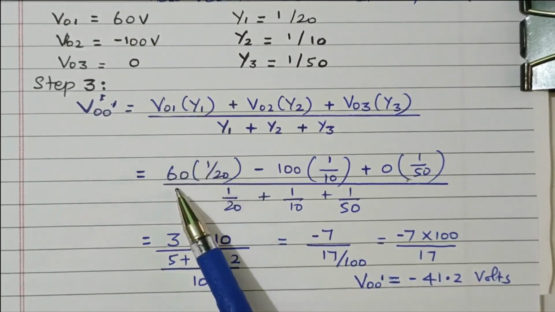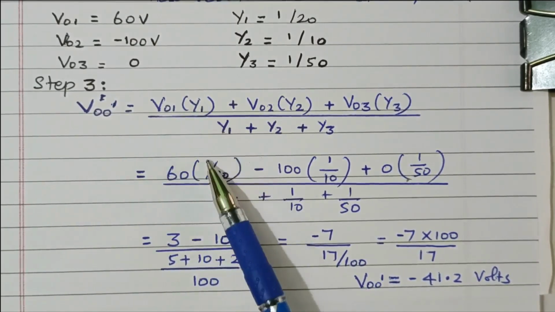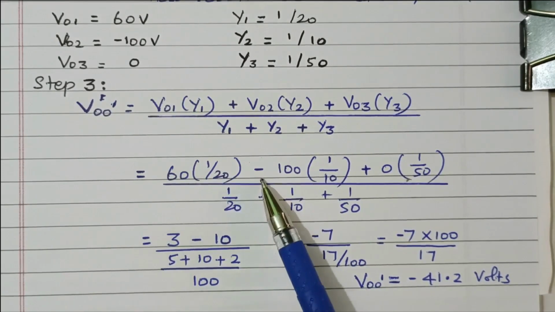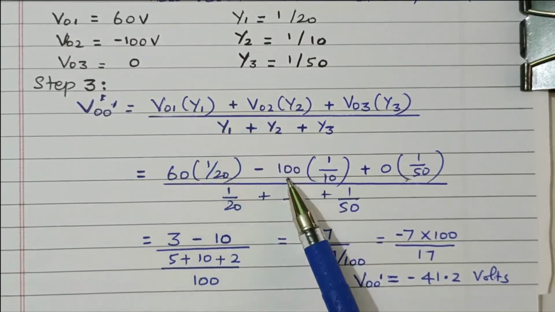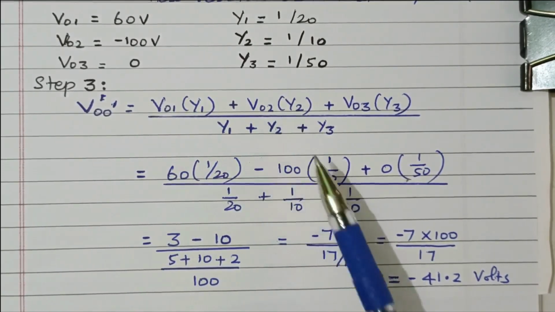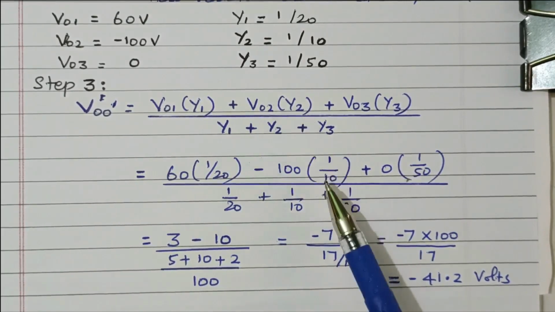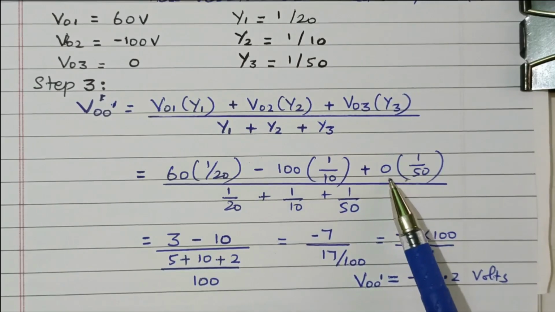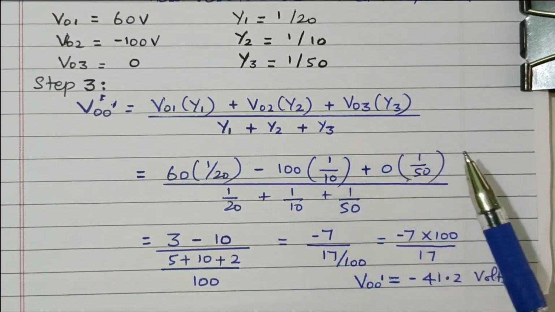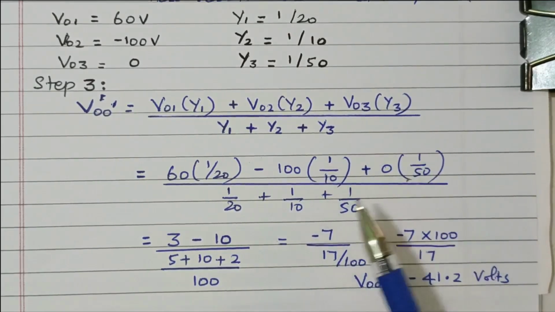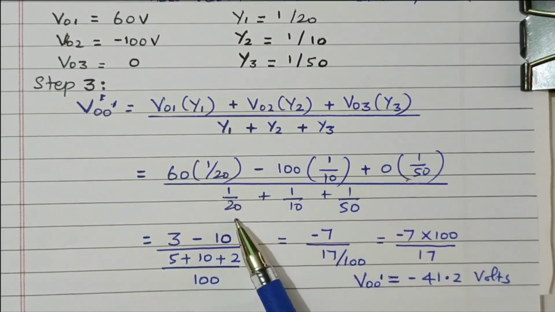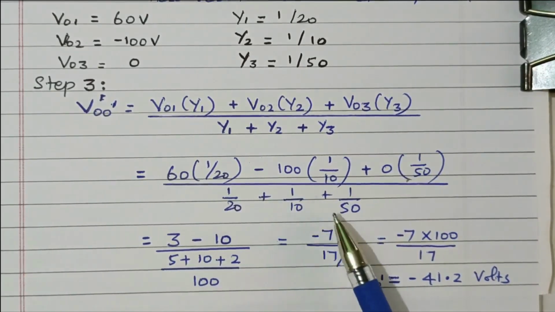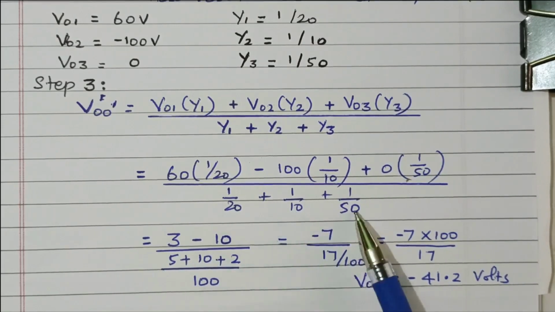So V01 is 60, Y1 is 1 by 20, minus 100 for V02, Y2 is 1 by 10, plus V03 which is 0 since the voltage source is not available, Y3 is 1 by 50, divided by 1 divided by 20 plus 1 divided by 10 plus 1 divided by 50.